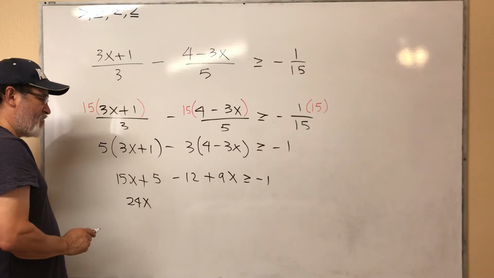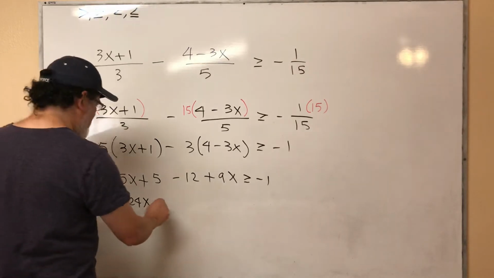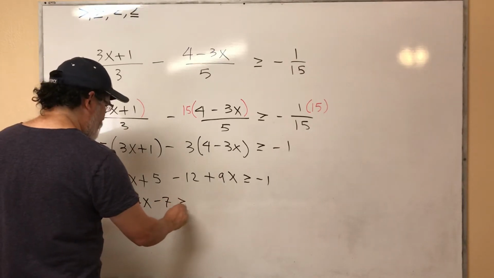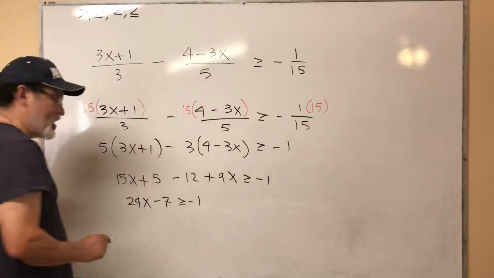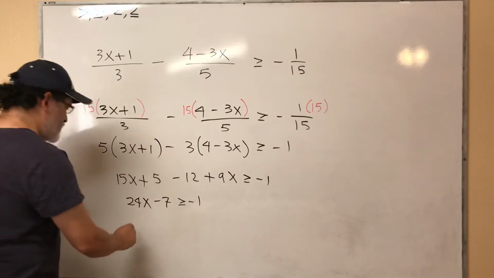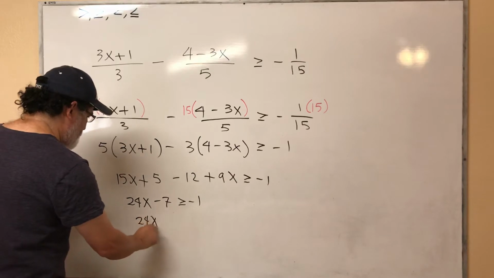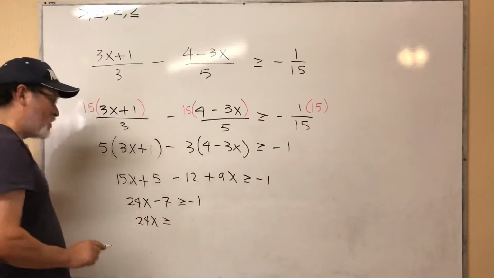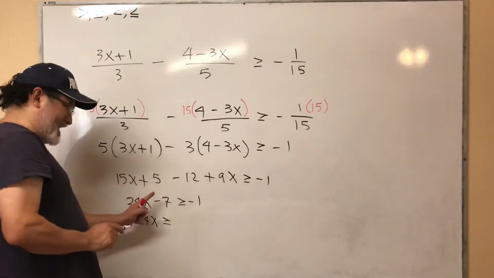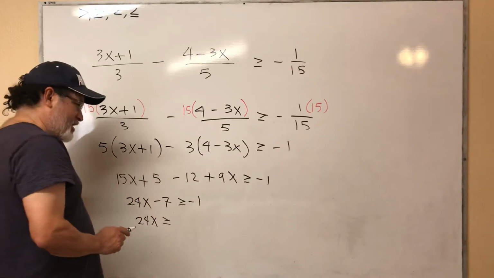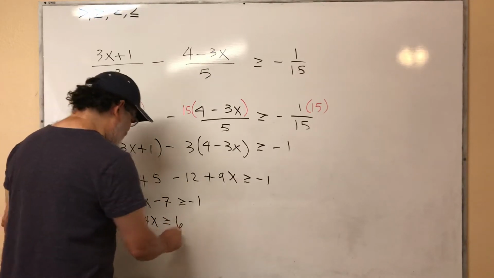And 5 minus 12 is what? Minus 7. Greater than or equal to negative 1. Add 7 to both sides. So 24x is greater than or equal to, what's negative 1 plus 7? It's 6.